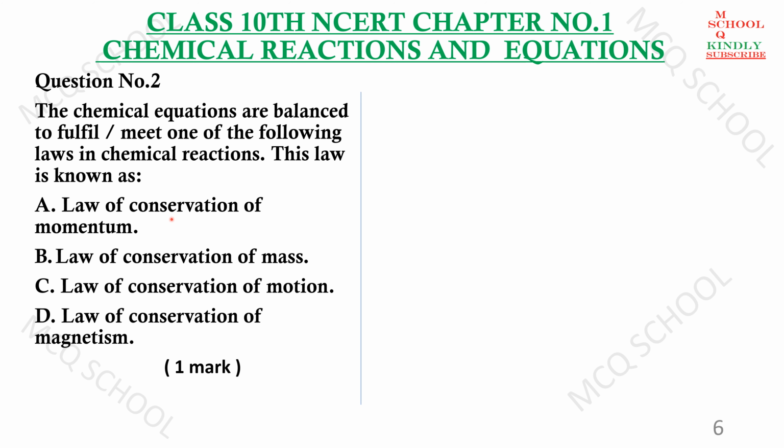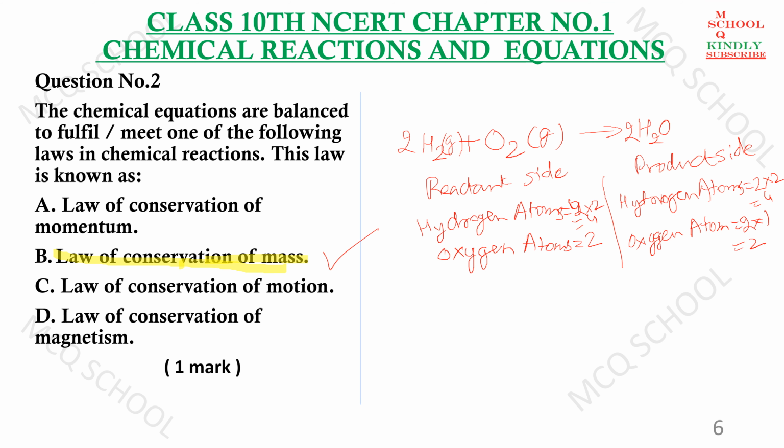Law of conservation of motion is related to speed or velocity, and law of conservation of momentum is also related to velocity. It's not related to any chemical change. Law of conservation of magnetism is related to magnetism and magnetic force. So let us see one reaction.